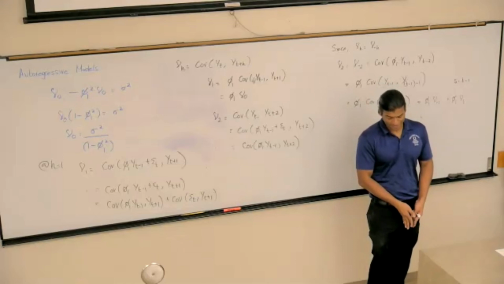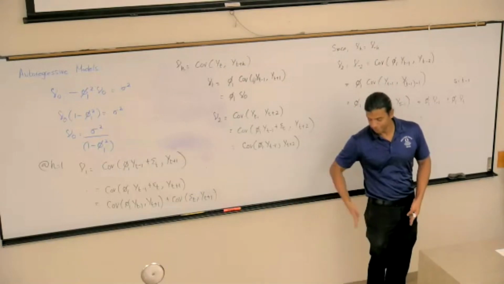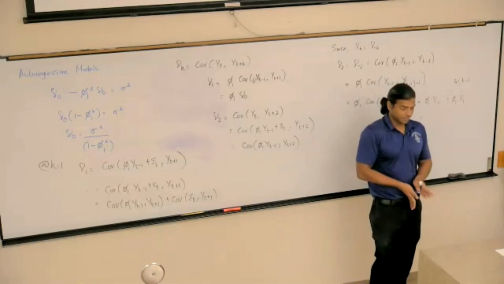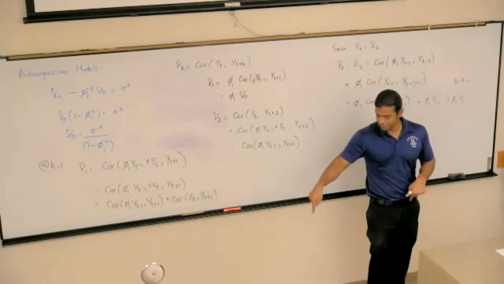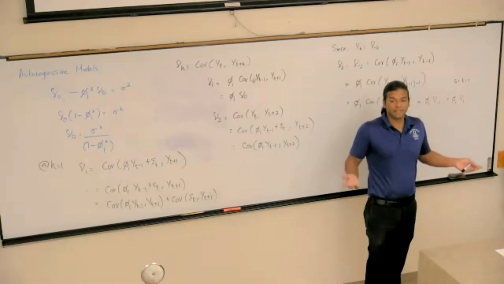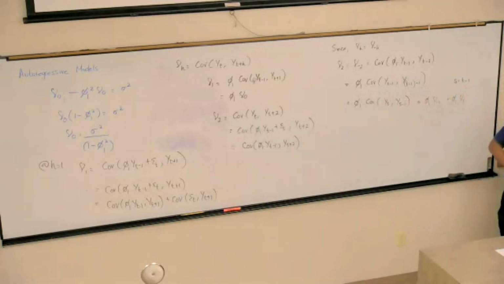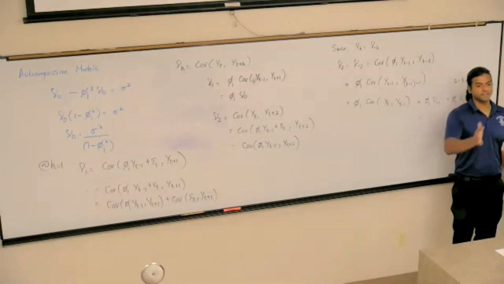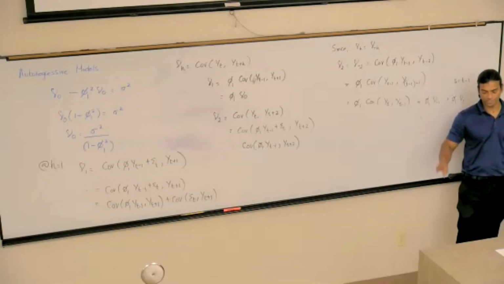If that is the case, then if you go back, yt indirectly depends on yt minus 3. So gamma 1, gamma 2, gamma 3, they will all exist. But would you expect the gammas to get larger as you go farther and farther away? It'll get smaller and smaller and smaller.